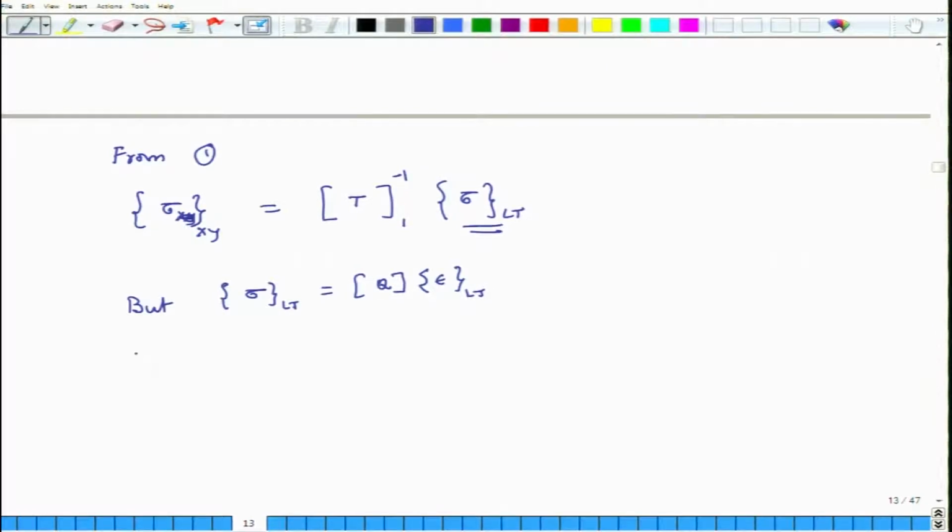So, we can say sigma as measured with respect to xy frame equals inverse of T1 times Q times epsilon as measured in LT coordinate system.